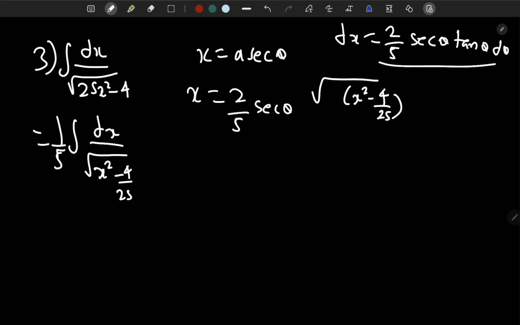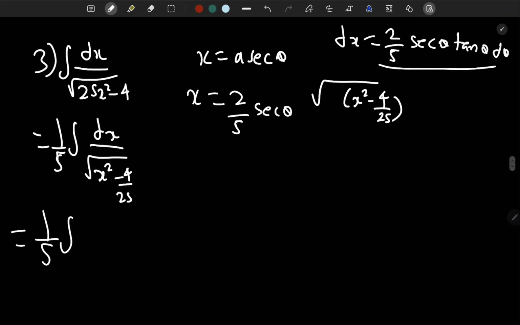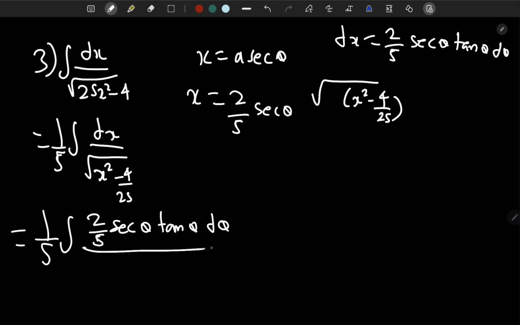So now let's plug in the values, for the dx and x's. So it's going to be equal to, I'm going to write it over here, 1 over 5 integral of dx, which is this part over here that I underlined, 2 over 5 secant delta tan delta d delta over the radical of x squared, which is going to be 2 over 5 secant, then brackets, squared.